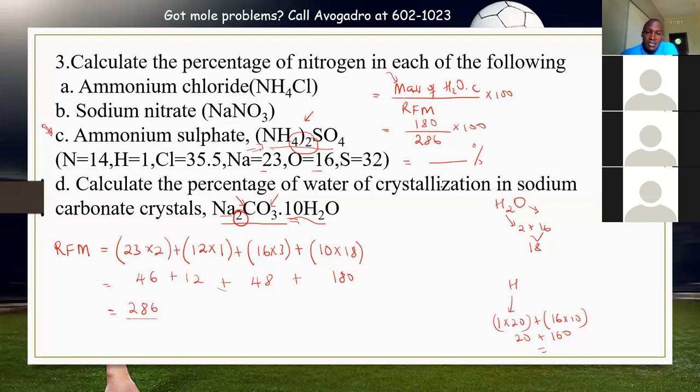Because for you to find the RFM, you should be able to interpret the formula of the compound. Yes, Jed. Jed, share with us part C. Just identify how many atoms of each element, and then we proceed to question 4.